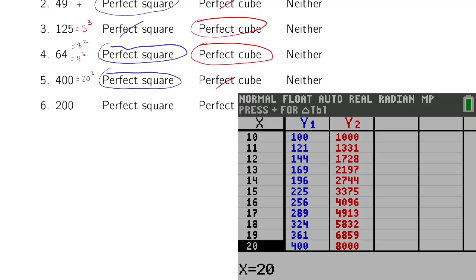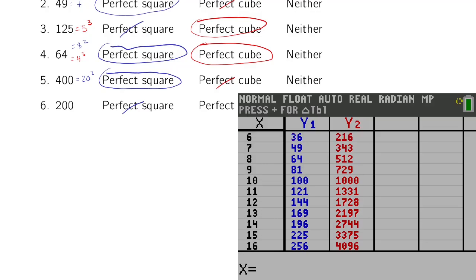And finally, what about 200? Well, 200 is between 196 and 225. So it's not a perfect square. For the perfect cubes, it looks like I need to scroll back up. Oh, 200 is between 125 and 216.